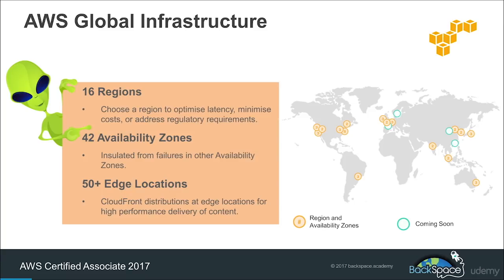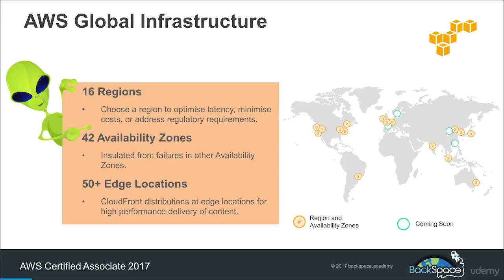For example, if you're located in Brazil, then you would probably want to use the São Paulo region, because that's going to give your end users the best or most optimized latency to access your infrastructure. But that said, there may be other reasons why you want to use a different region other than the region that you are located in.